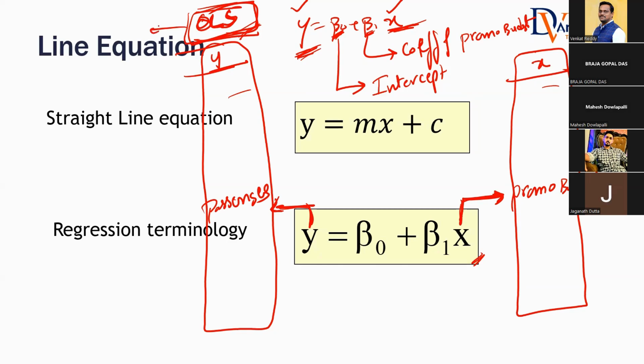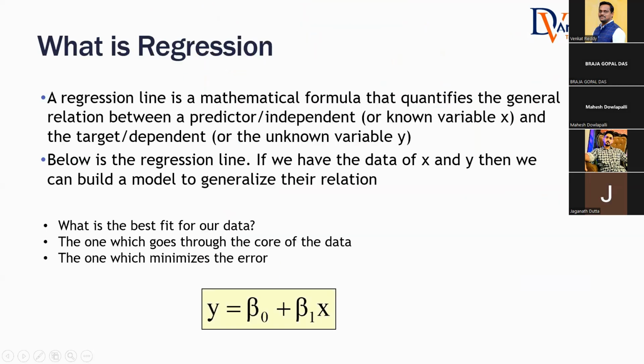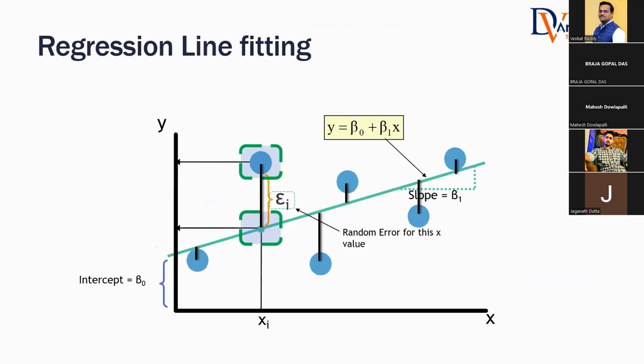But if we want to understand the theory behind that mathematical calculation, what exactly is happening behind the scenes? Take your data points, these are your data points. Imagine this is your regression line, y equal to beta naught plus beta 1x. As of now, it's abstract, I don't know what beta naught and beta 1 are.